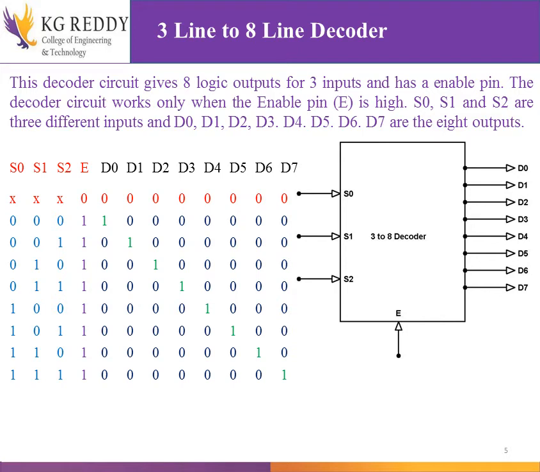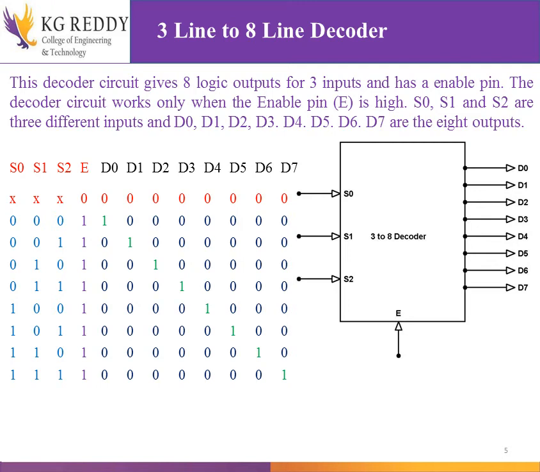When the enable bit is high, only then will the selection input and output lines be active. So if the enable bit is high and the inputs are 0 0 0, then D0 will be selected.